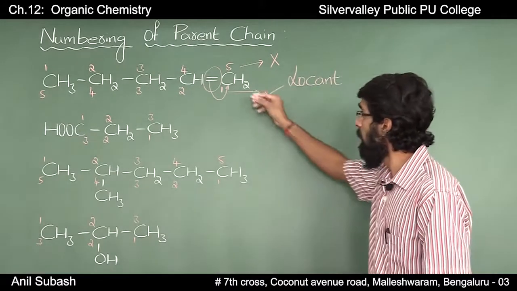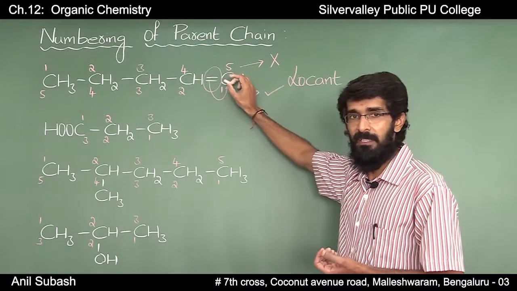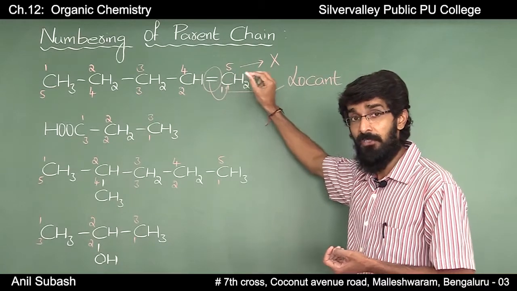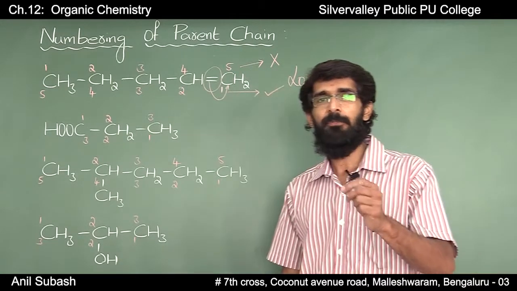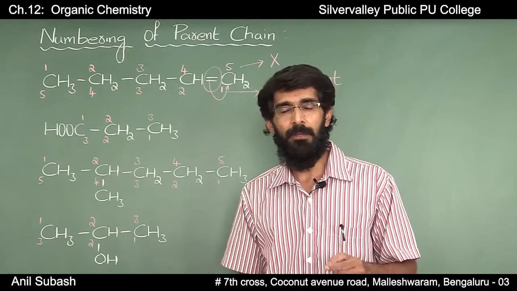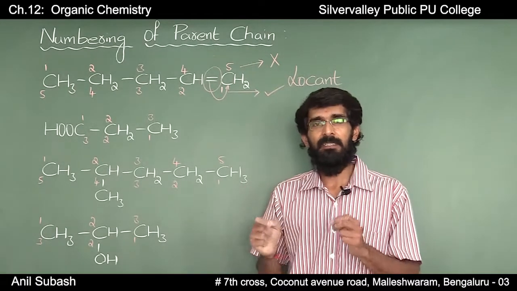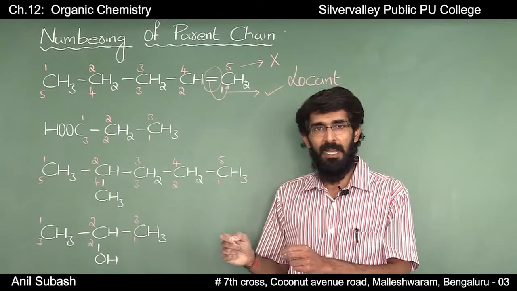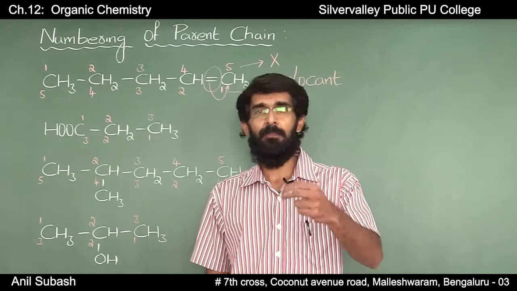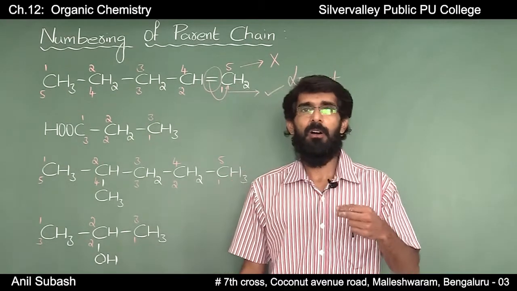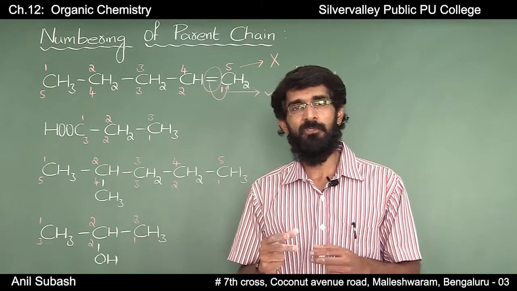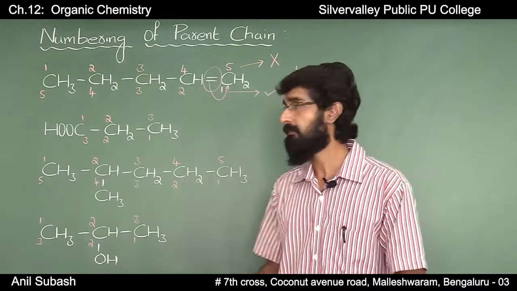Here the locant is 1, that is, the double bond belongs to the first carbon atom, therefore the locant is 1. It indicates the number of the carbon atom to which the double bond or the triple bond or the functional group or the substituent is present.